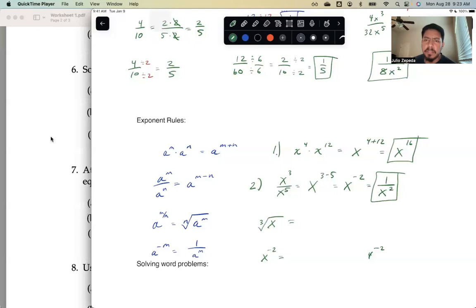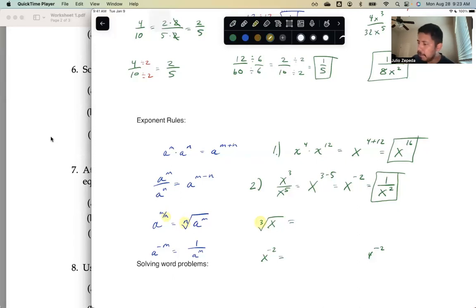And then what about this cube root of x? There is a rule, this rule here, that allows us to write a cube root, an nth root, as an exponent. Essentially, this number here, the index, becomes the denominator of the exponent.